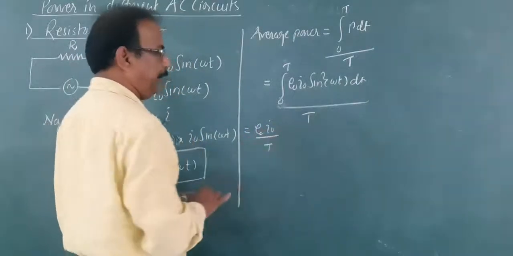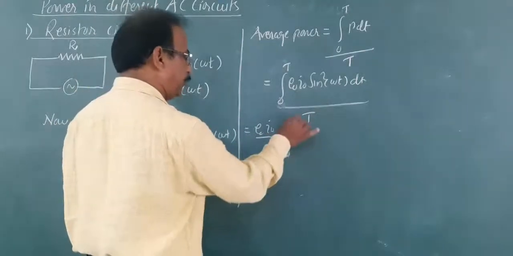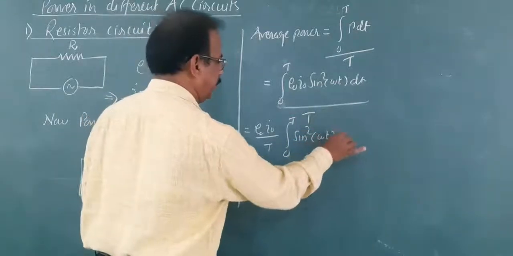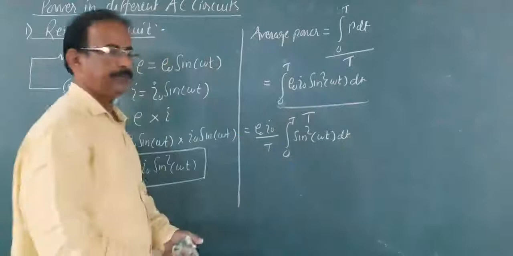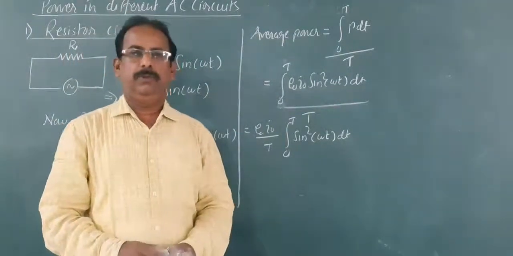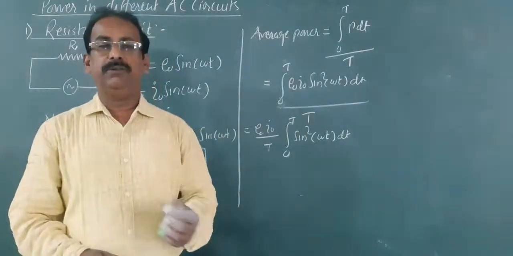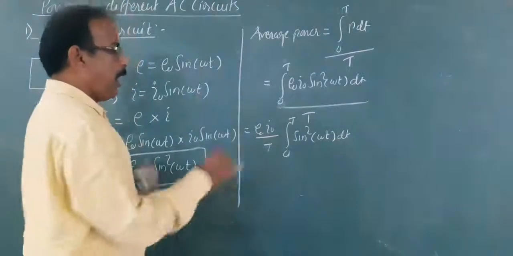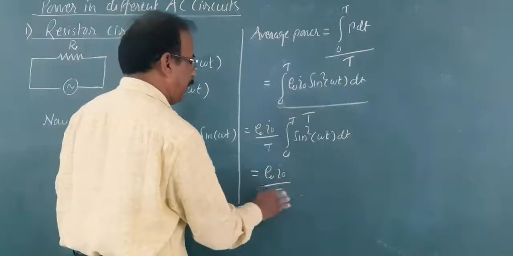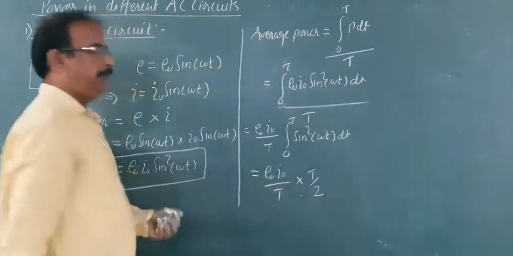In upon there is a T. In integration there is 0 to T sine square omega t dt. Now here don't solve this integration. Directly write the value of that integration. Remember this integration, after solving you'll get how much? T by 2.